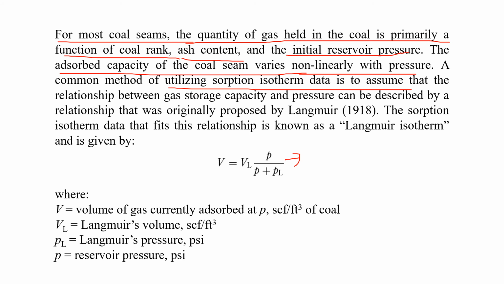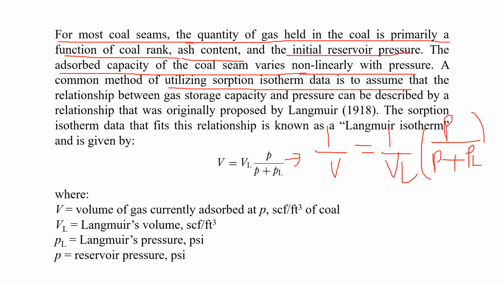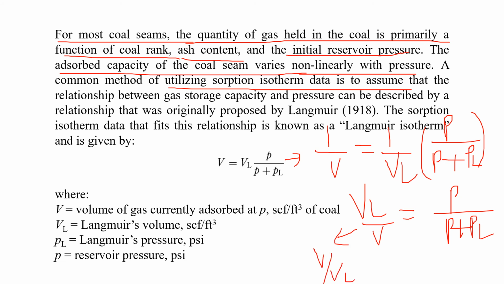So let us take the reciprocal. 1 by V is equal to 1 by VL into P by P plus PL. Okay, so VL by V is equal to P by P plus PL. From this, V by VL is equal to P plus PL by P, that is 1 plus PL by P. Here VL is the Langmuir volume and PL is the Langmuir pressure.